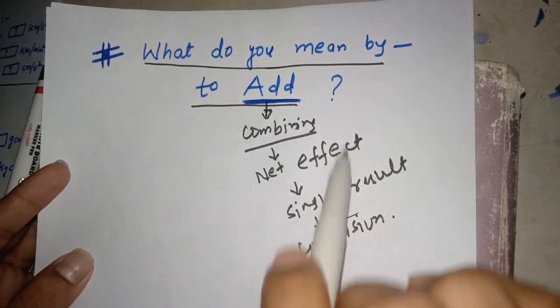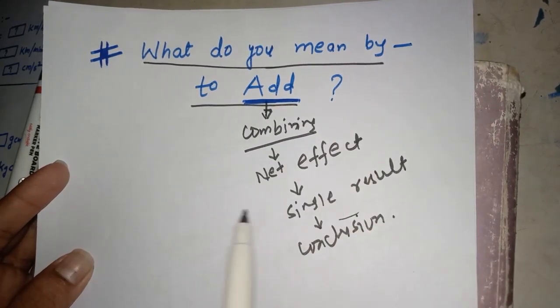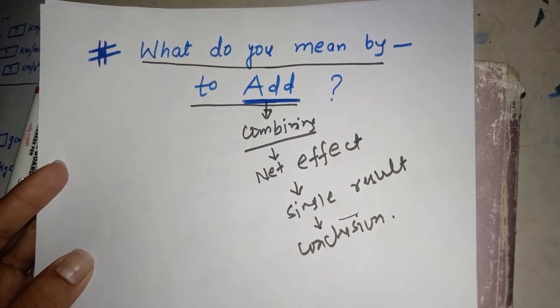Means if we combine two or more than two vectors, it means we add two or more than two vectors. It means we find a single vector which gives the same effect as in the case when they act together.